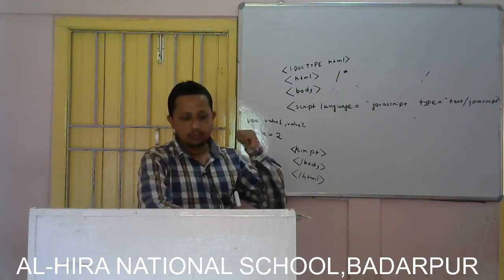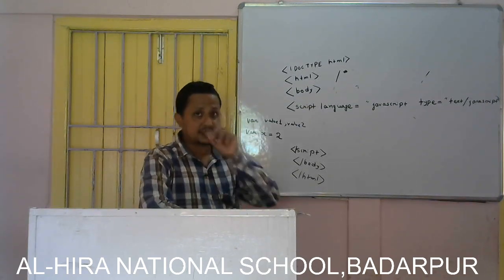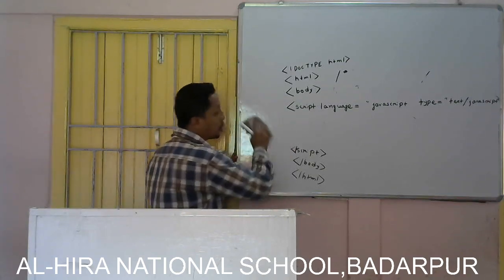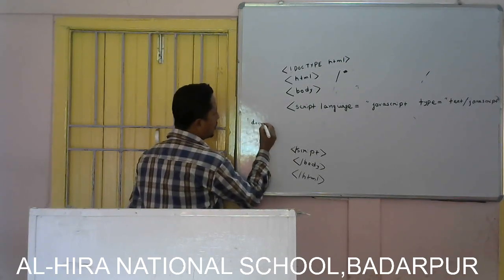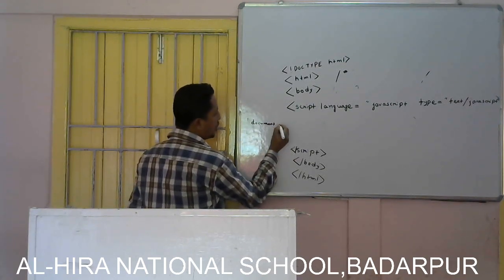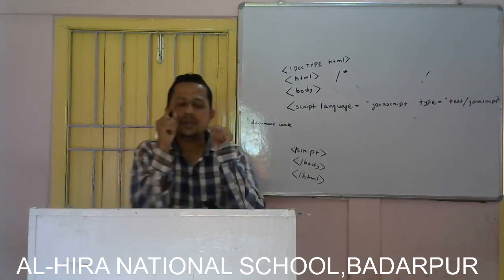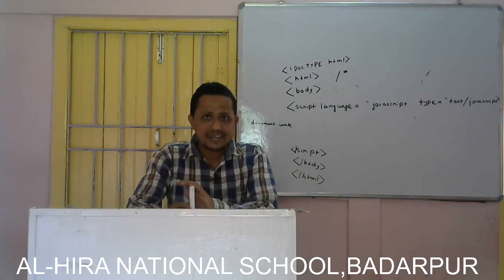And in the book there is an example. We can see this example, and I am just telling you another important code, which is known as document.write. If you remember, in class 9 when you studied the C program, for displaying the output, what did we use? Printf. Is it not?